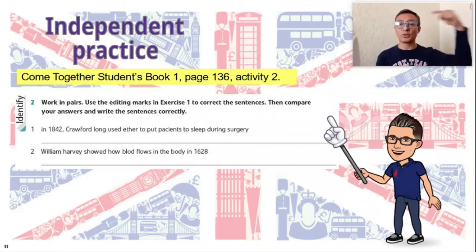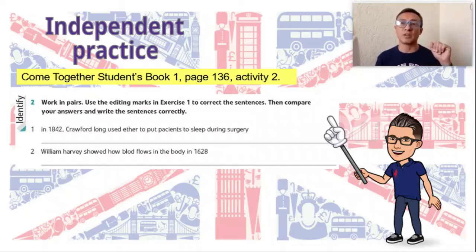It's time for your independent practice. In your Come Together Students Book 1, page 136, Activity 2. You will use the editing marks in that exercise to correct the sentences.